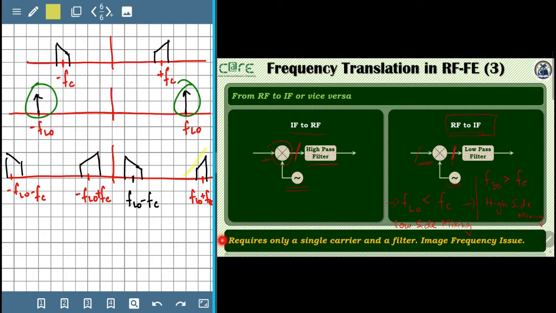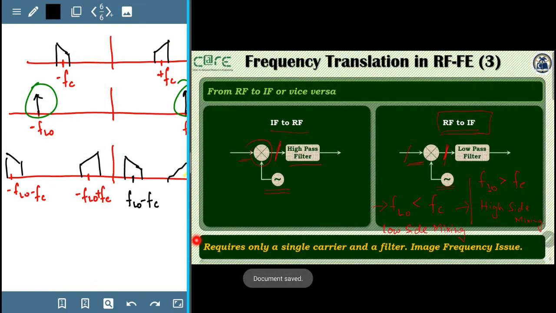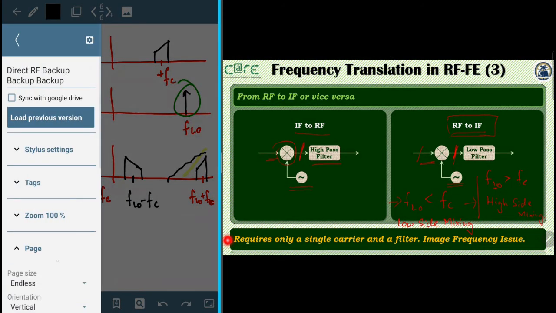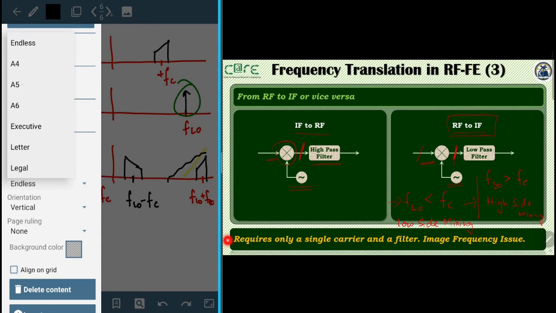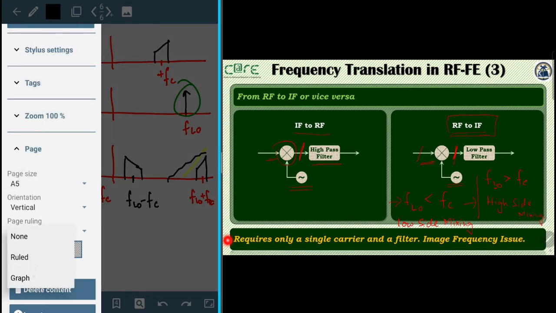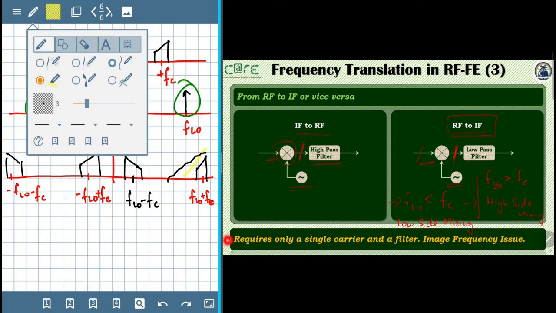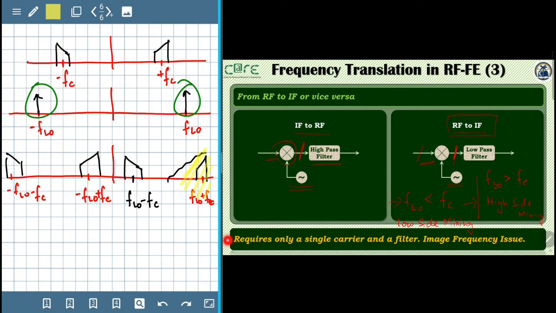The low pass filter will basically remove this frequency component, so these two frequency components will then be removed, and what will be left will be the signal that lies here. And as you can see, in this case, this will be our FIF.